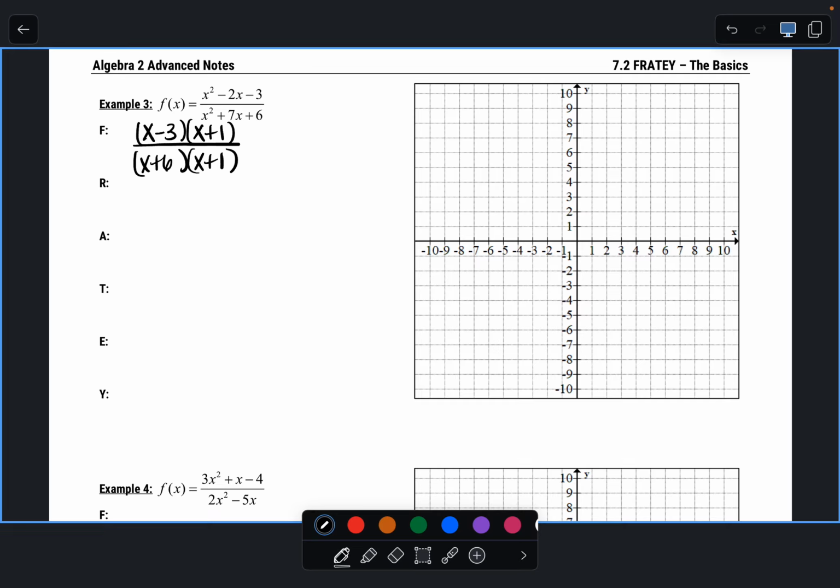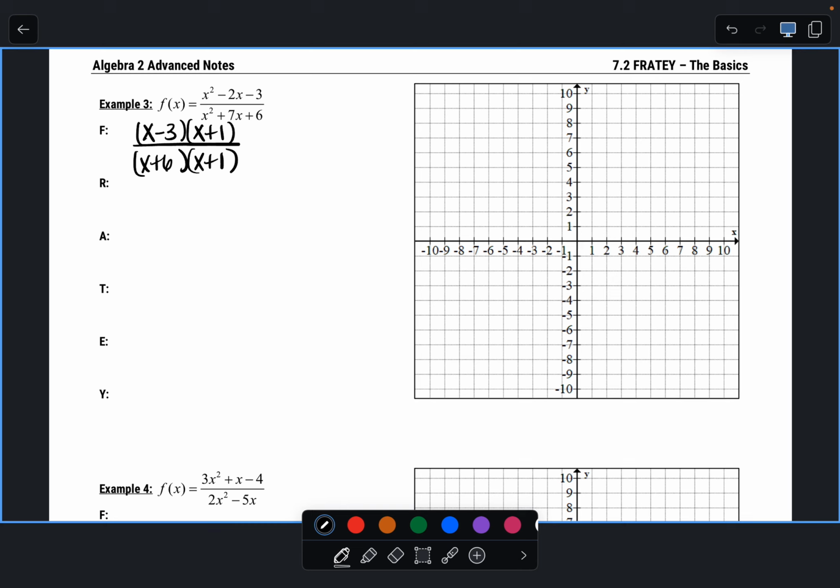Okay. Do we notice anything about the numerator and the denominator? Do any of them look the same? Yes, we factored it. X plus 1.